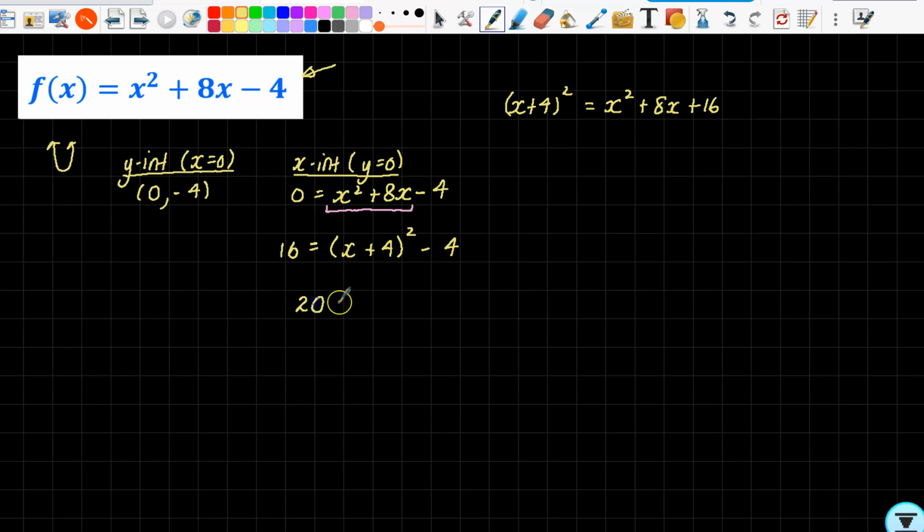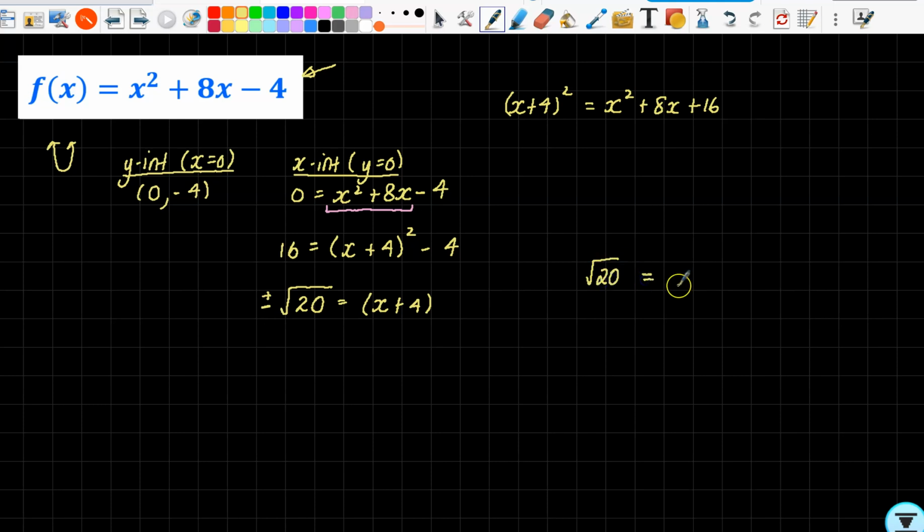So we've got 20 equals x plus 4 squared, and we're going to solve this just like we did before. To get rid of the squared, I'm going to square root, and that's a plus or minus. Once again, when we see something under the square root, we check: is there a square number that goes into 20?